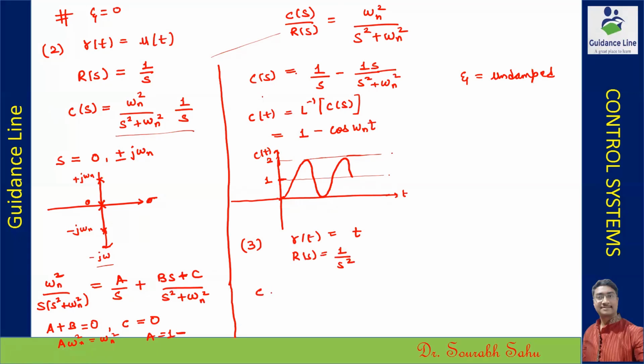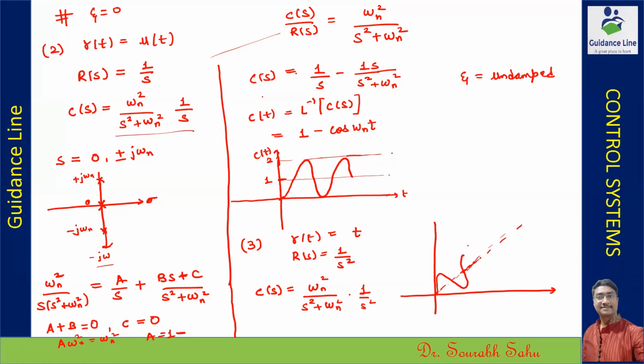If I write C(s), we have omega n square over s square plus omega n square, multiplied by 1 by s square. If I graphically represent this, we have a curve which looks something like this.